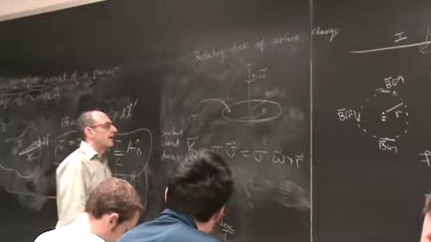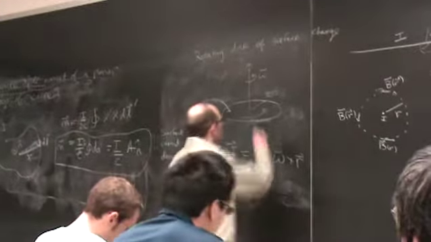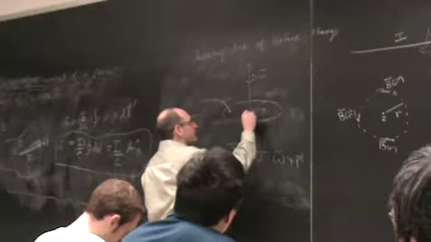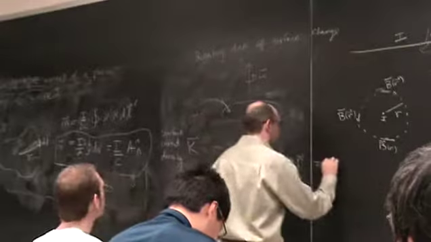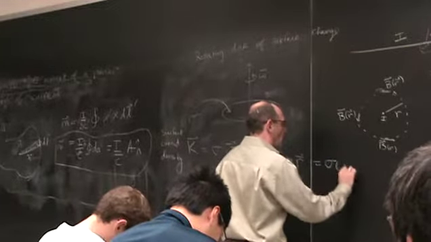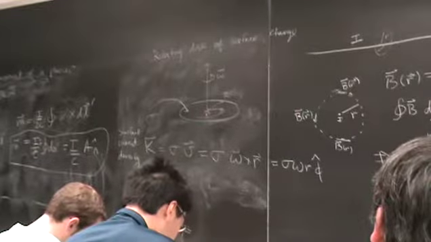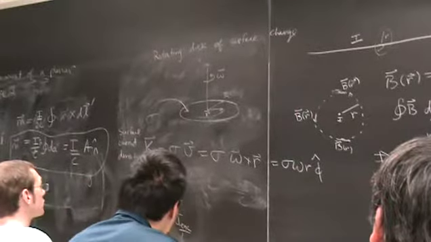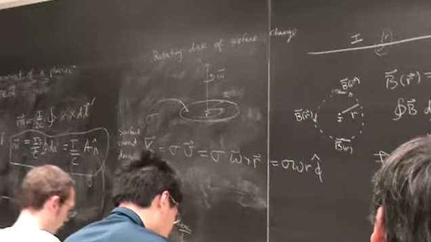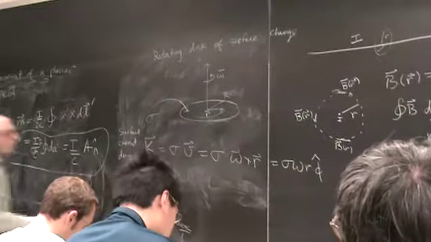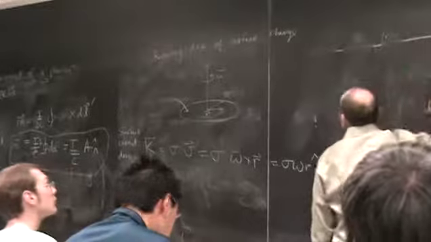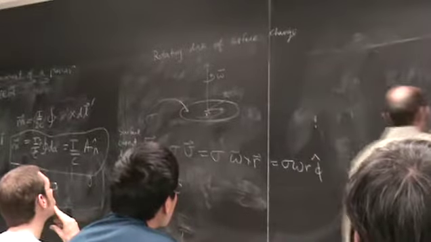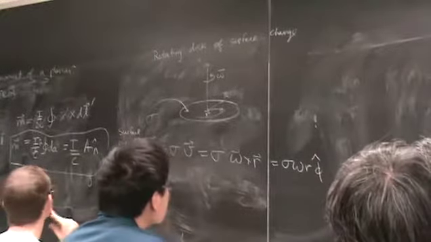Okay? And r being this vector, so this is omega r in the phi hat direction. Okay? So that's my surface current, and I want to know what is the magnetic dipole moment associated with this current distribution.